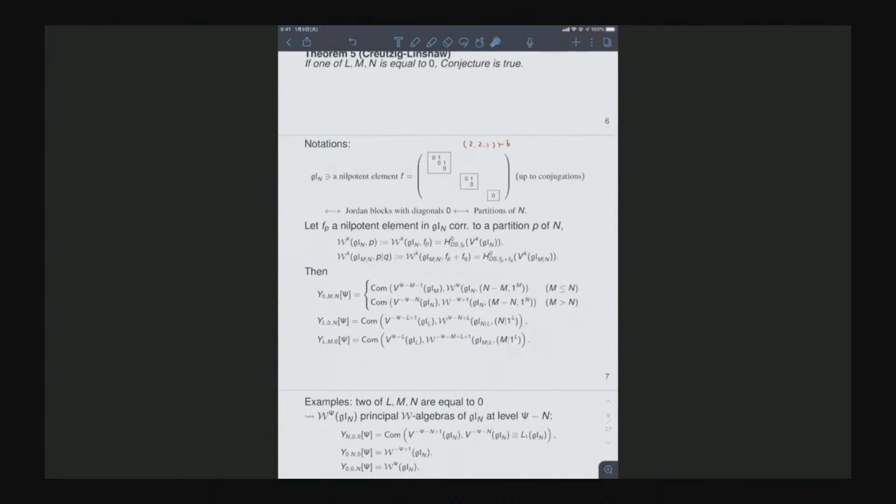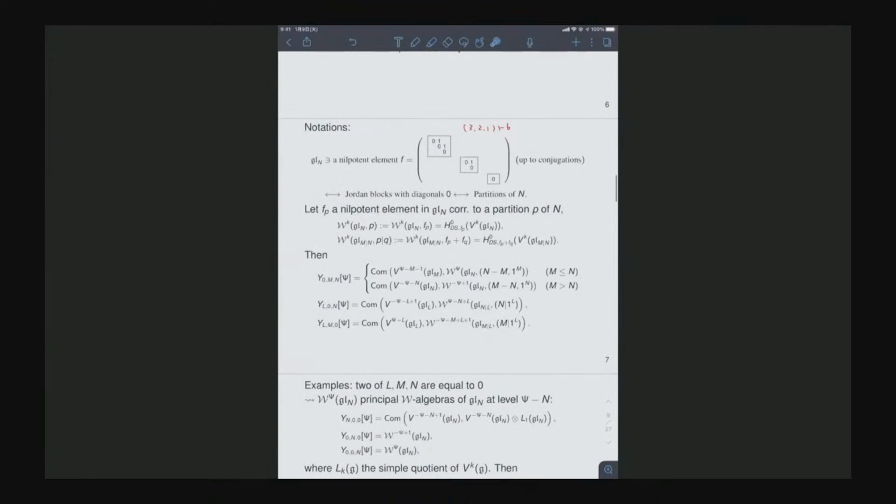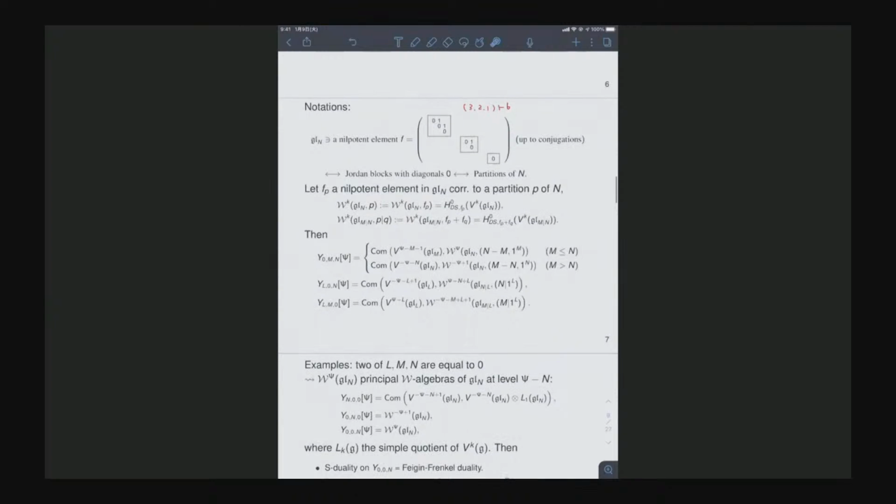And similarly, we consider the W superalgebra of GL(M|N) for partitions P and Q. F_P is a nilpotent element in GL_N, and F_Q is a nilpotent element in GL_M, and we consider the quantum Hamiltonian reduction and denote the resulting W superalgebra by W_k GL(M|N) P, Q. Then the Y algebra is defined by this formula.